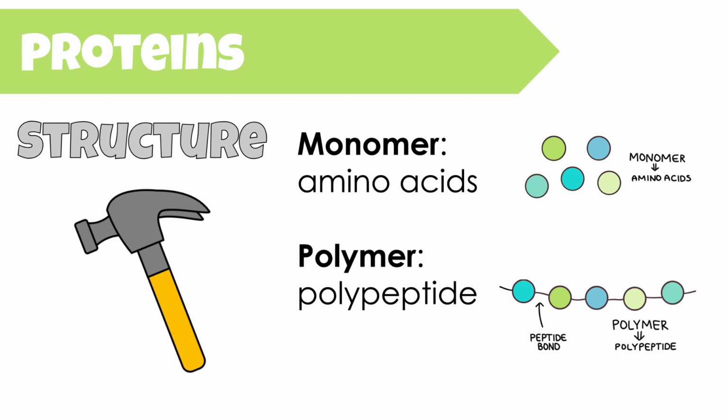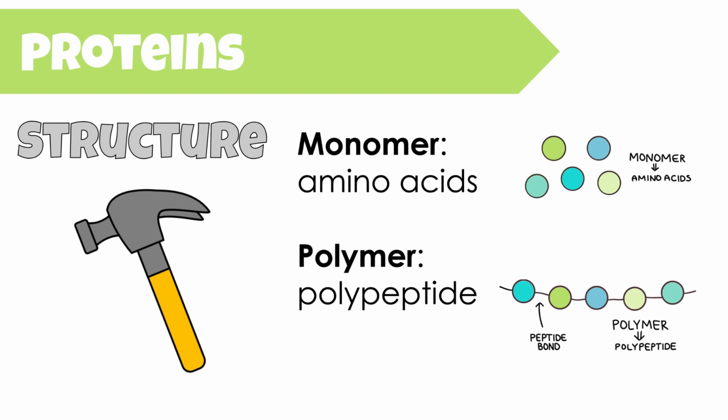Their structure does follow the typical monomer-polymer setup. So the monomers for proteins are called amino acids. There are over 20 different amino acid monomers that exist. And depending on the combination, the order of these different amino acids would give us a different polymer or a different type of protein. We call the polymer here a polypeptide.